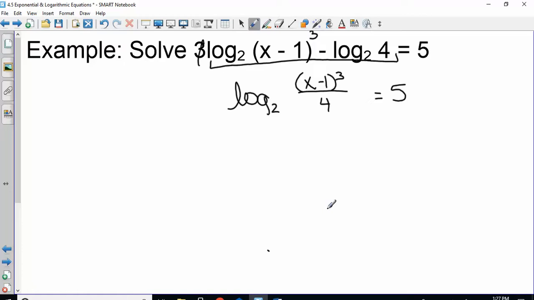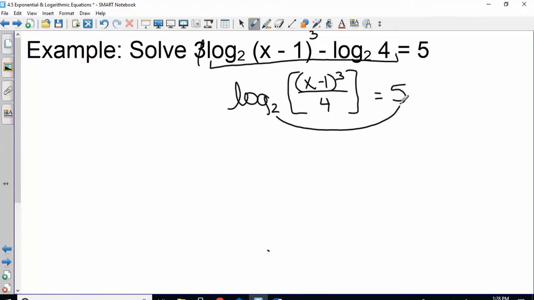Okay, now what? Multiply by 4. We can't yet. We are going to do that, but we have to get rid of that log first. If it's only on one side, what did we do last time?